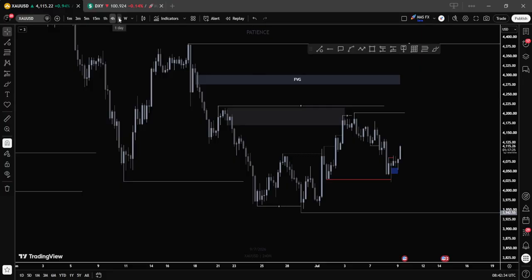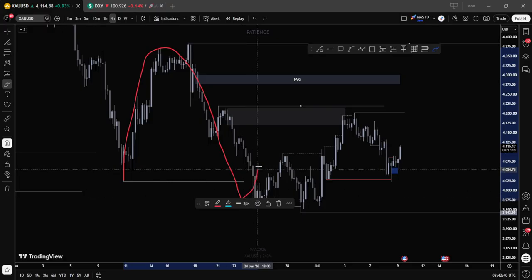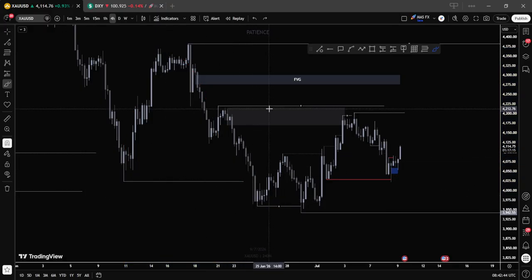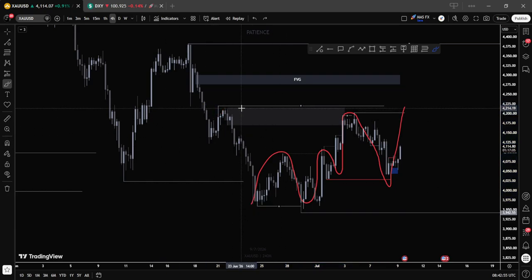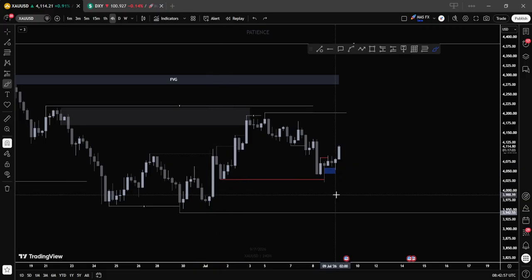So gold, right? We had a break of structure over here, and this is the swing break of structure, and we are having our internal pullback, right? So the pullback hasn't been completed yet, so we are expecting price to at least come and take out this liquidity high, and we have swept liquidity behind an old low.